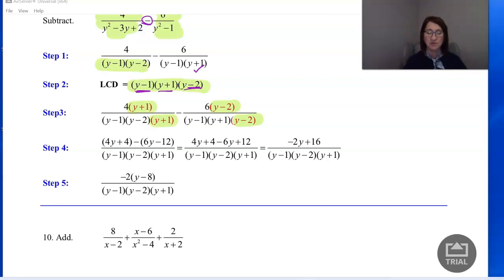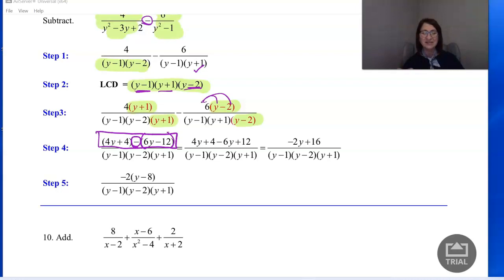So that's what we're doing right here in this step. We need to be careful. We actually distributed that 6, and then put parentheses around the 6y minus 12 so that we don't make an error when we distribute that subtraction sign.